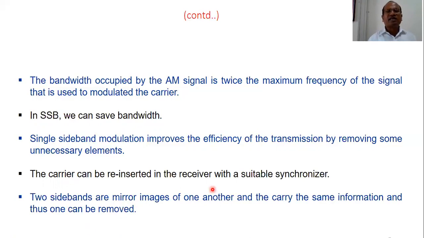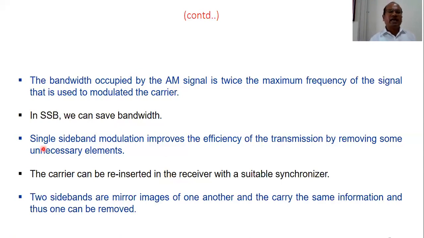Carrier can be reinserted in the receiver with a suitable synchronizer. This is an important line. Please understand. Since we are not sending the carrier, we know that the role of the carrier becomes very important in order to recover the message signal at the receiver by demodulating, by detecting the signal. And when there is no carrier sent along with the sideband, we need to generate the exact same carrier frequency at the receiver.